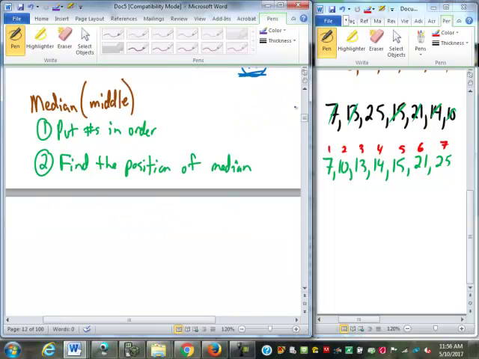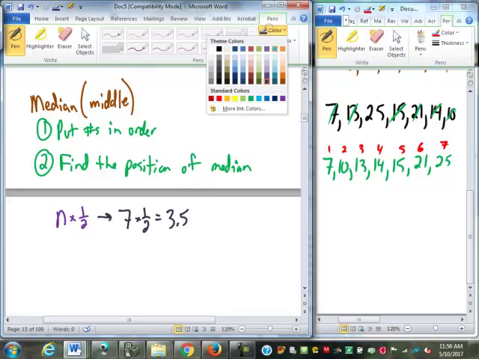In fact, the technical definition of the median, the definition of middle, is half of the numbers are on each side of it. So the position is going to be n times 1/2, or n times 0.5. So for this set of data, n is 7. So 7 times 1/2 is 3.5.